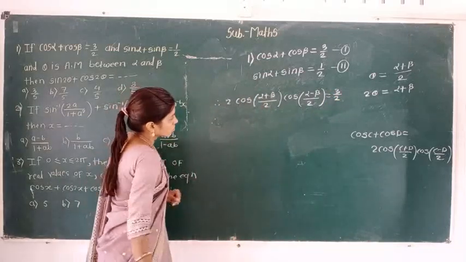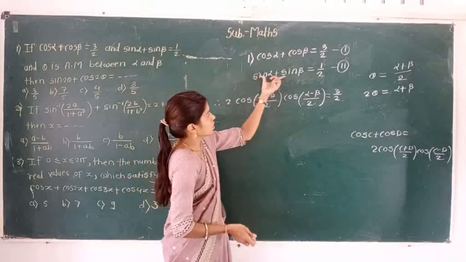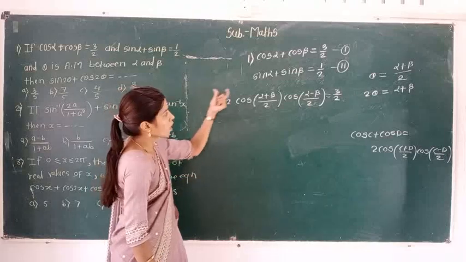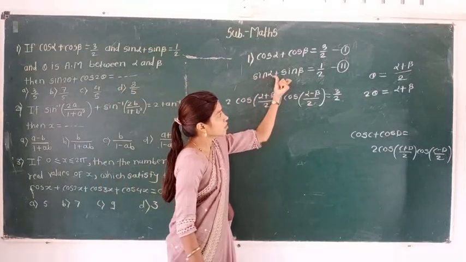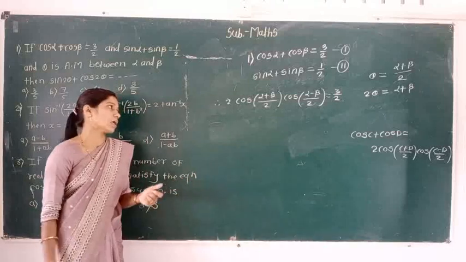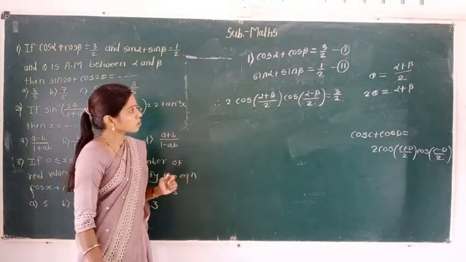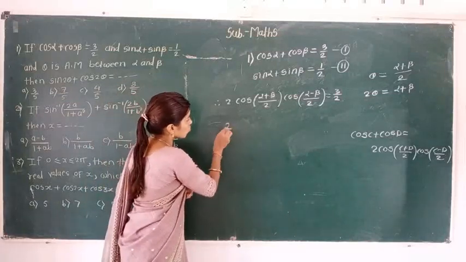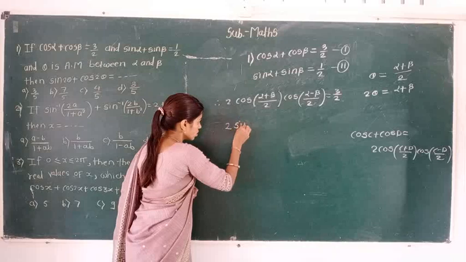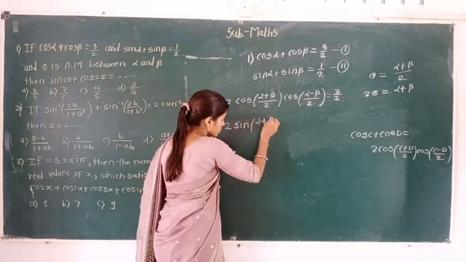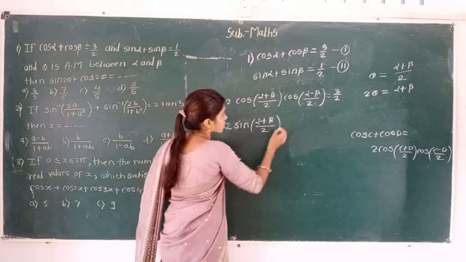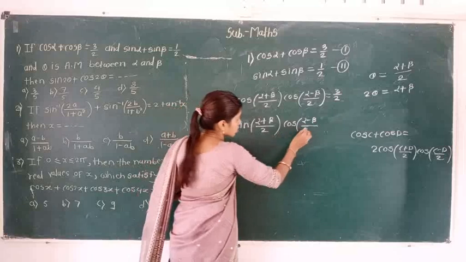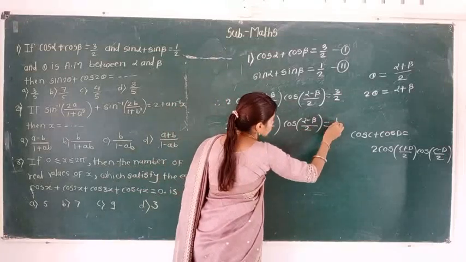In the second equation we also use the factorization formula: sin C plus sin D equals 2 sin of (C plus D) by 2 into cos of (C minus D) by 2. So we can write 2 sin of (alpha plus beta) divided by 2 into cos of (alpha minus beta) divided by 2 is equal to half.